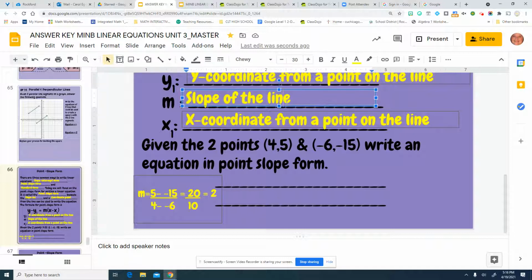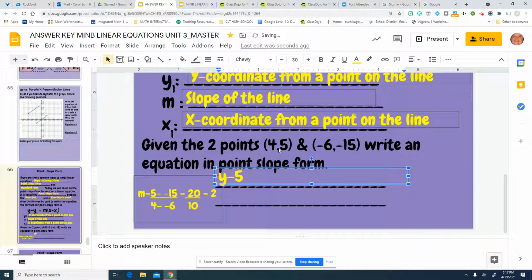So of course, I forgot to put a line here. Bring this down. So what does that look like? So y minus, lowercase y minus, and then I'm going to use this first point, 4, 5, and the y from that is 5.